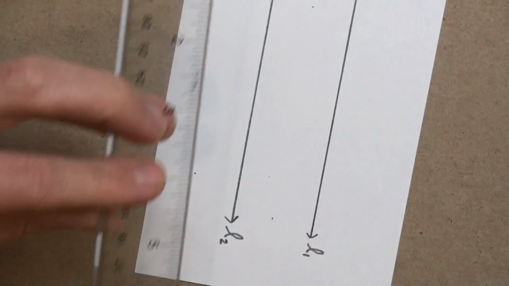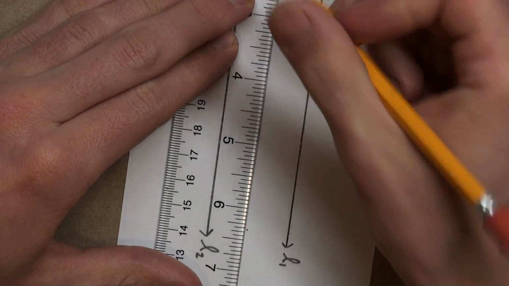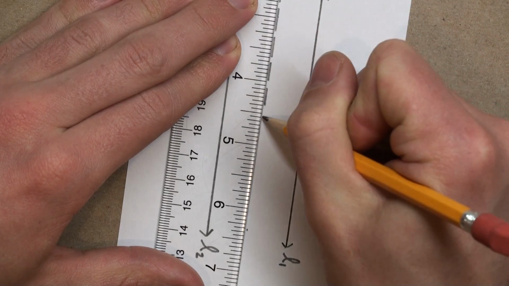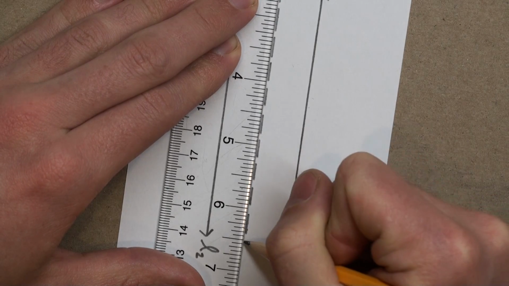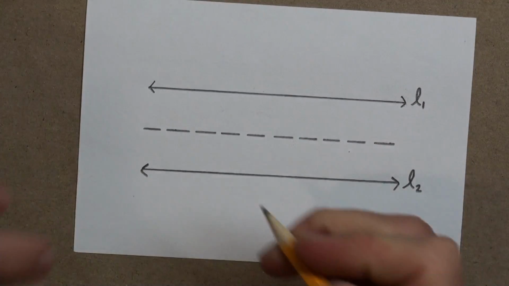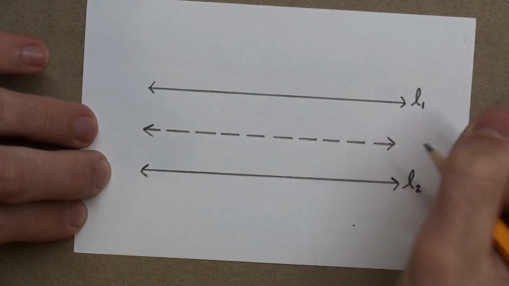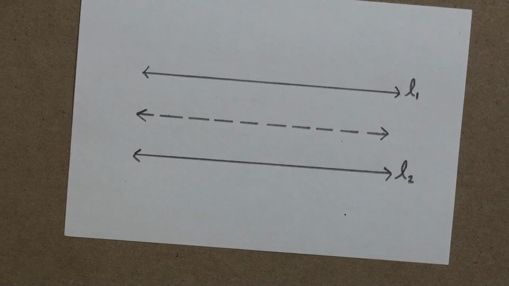That's where my dotted line's going to go. Okay, and we'll put arrows on the end to show that it goes on forever. And that is the fourth locus.